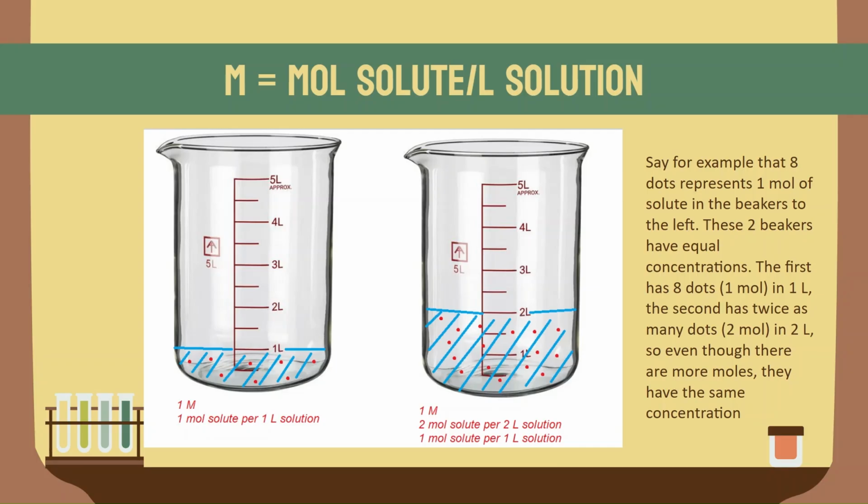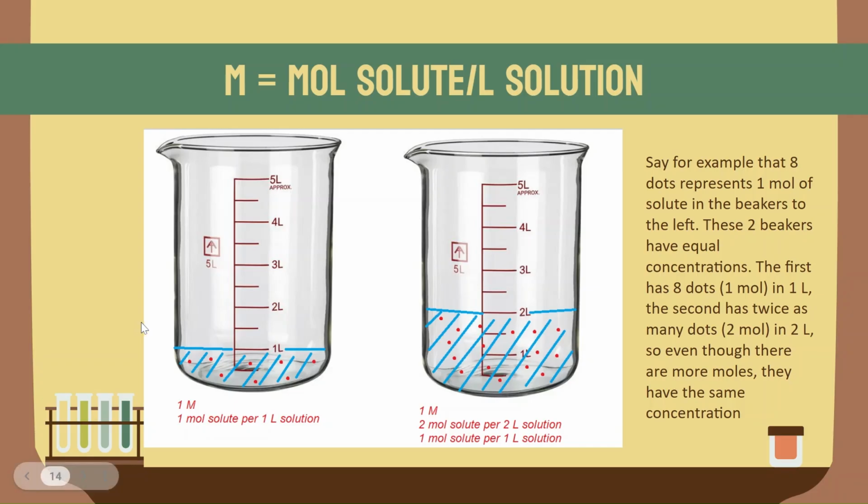So if those 8 dots represent exactly 1 mole, and I have exactly 1 liter of solution, then the concentration of my left solution is 1 mole of solute per 1 liter of solution. That calculation tells me this is a 1 molar solution.